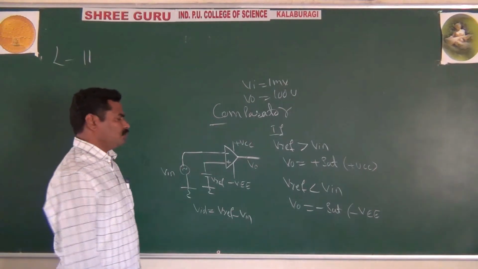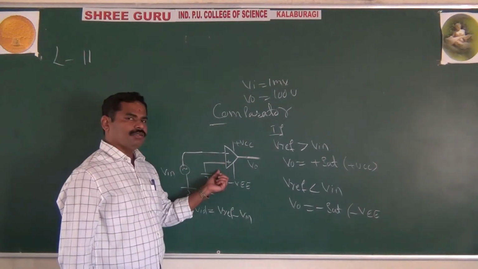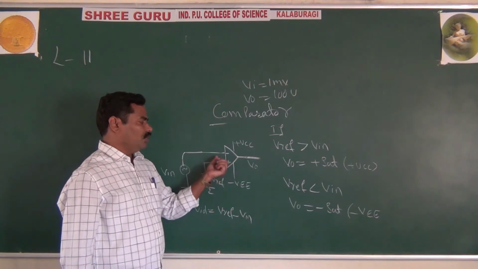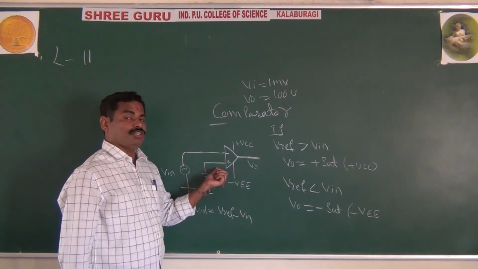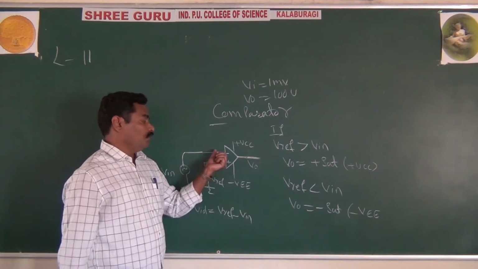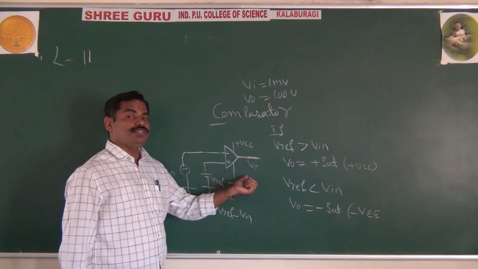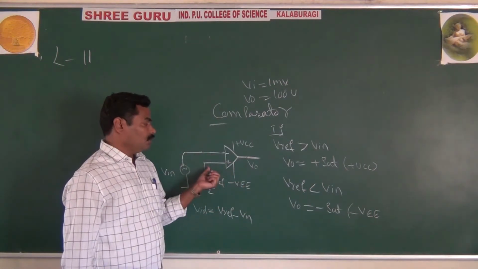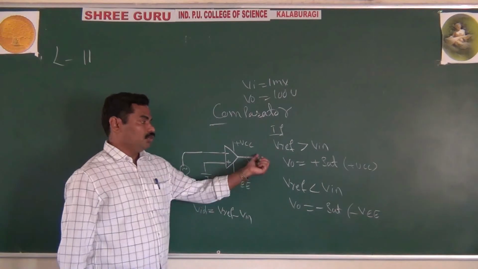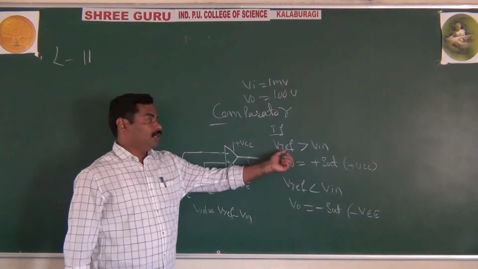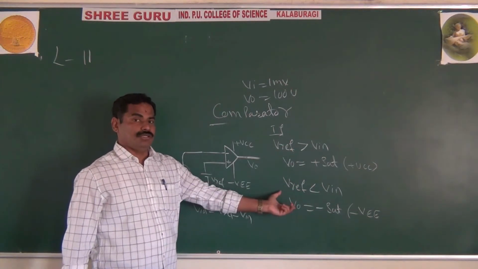And the most important thing in a comparator is its application. As I said at the beginning, it is used as an analog to digital converter. Because at the input you apply analog signals, but at the output you get either positive saturation or negative saturation.